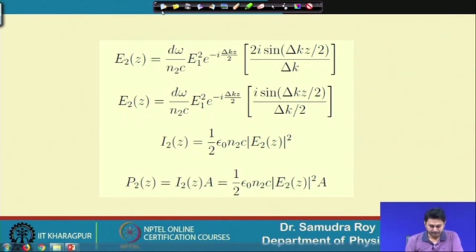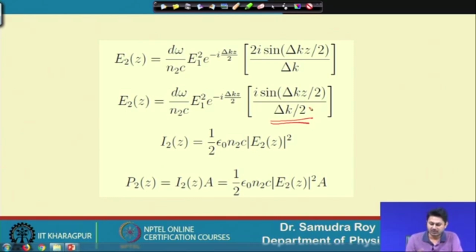Okay. We further simplify, since we have delta k divided by 2 and the 2 term is sitting here. So, I will put this 2 term here, so that I have delta k divided by 2 here, and in the numerator also I have in the argument of sine delta k z divided by 2. So, some sort of sinc function we have.